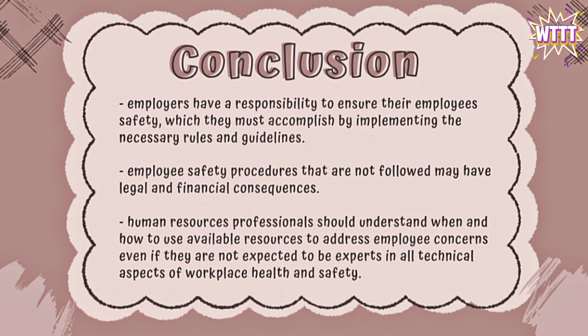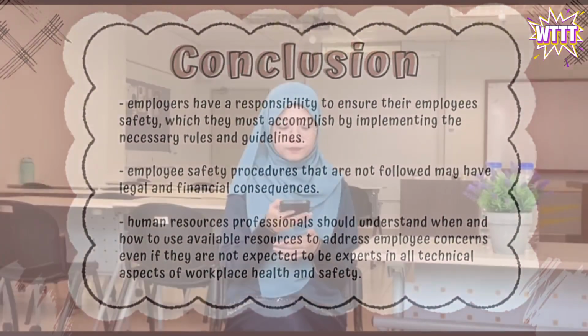Last but not least, human resources professionals should understand when and how to use available resources to address employee concerns, even if they are not expected to be experts in all technical aspects of workplace health and safety.